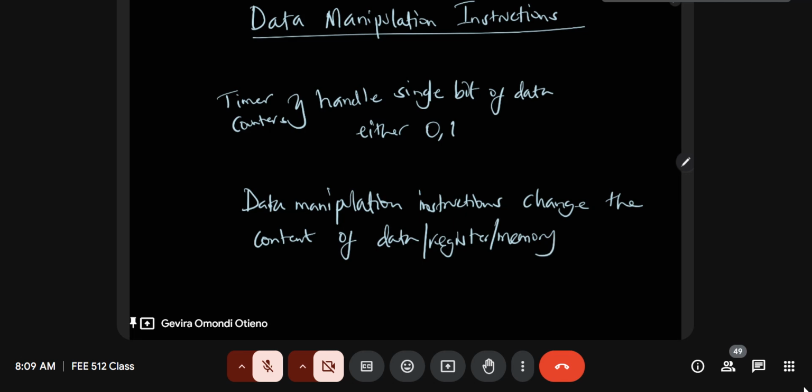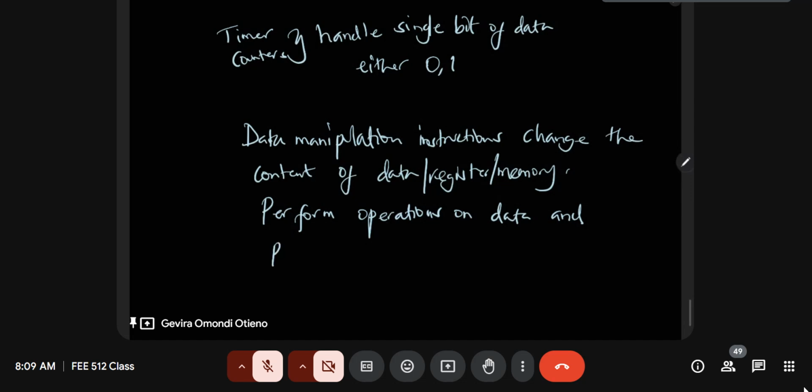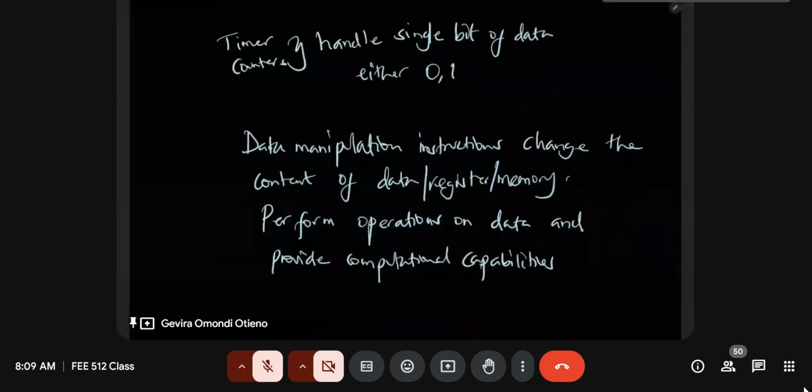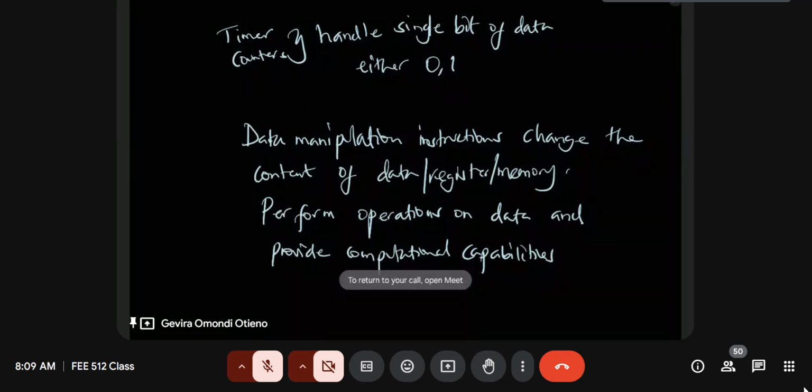But the key thing is that data manipulation instructions will perform operations on data and they will also provide computational capabilities. These are instructions that are very important to computer systems, not just PLCs, but computer systems as well.